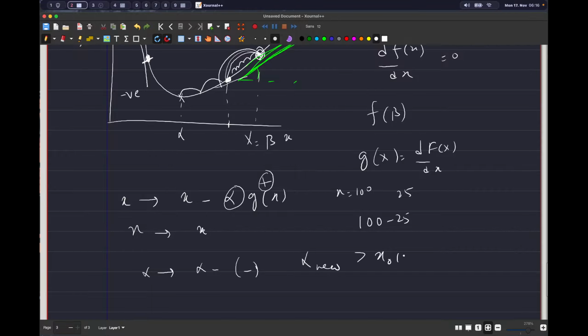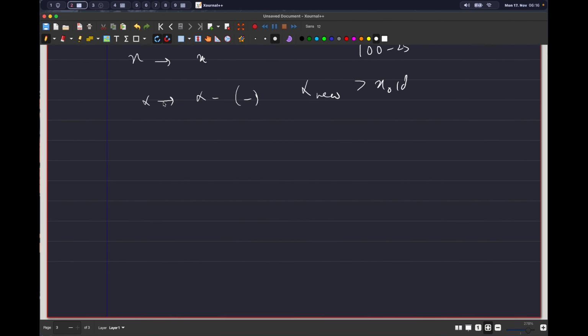So at any random value of x that you pick, we will always move towards the optimal value of x, regardless of where we start. If we start here, we move in this direction; if we start here, we move in this direction. So gradient descent is very useful in this case.